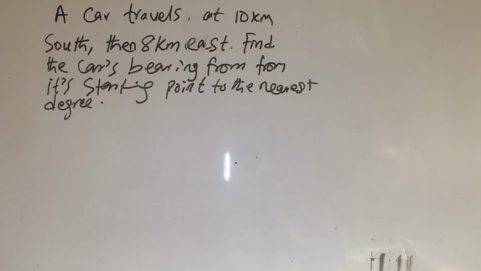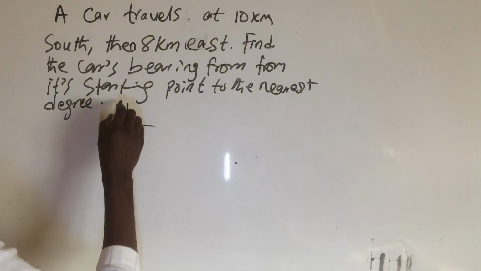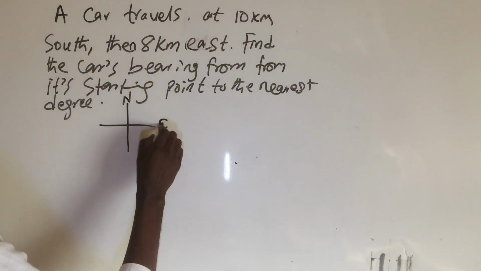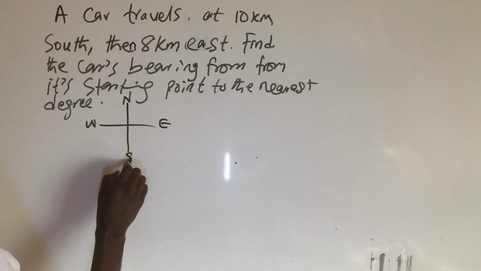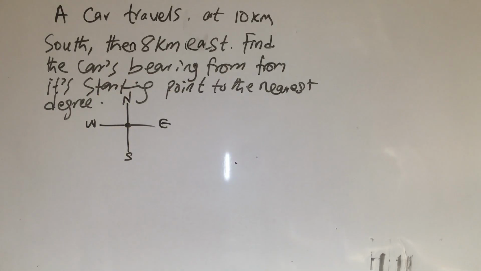Now the first thing to be done on this question is to sketch it. We are meant to understand that the car first traveled to the south at a distance of 10 kilometers. Now let us sketch. First of all is to find our four cardinal points: north, east, west, and south. So this car started at this point.